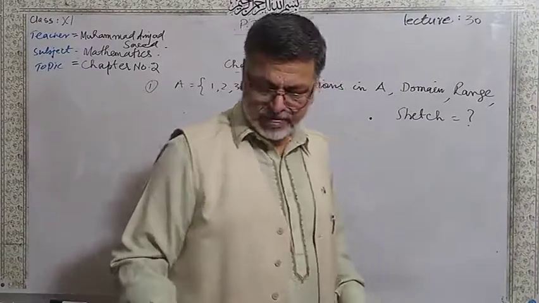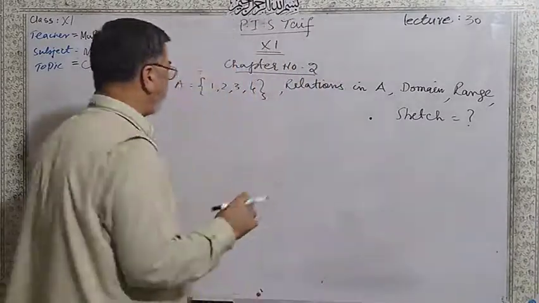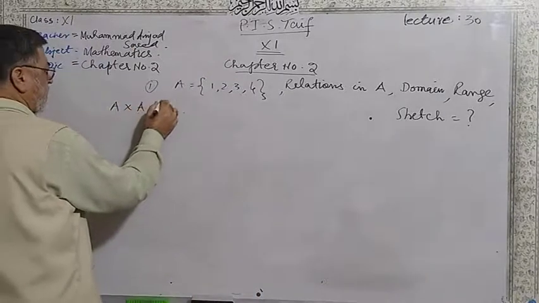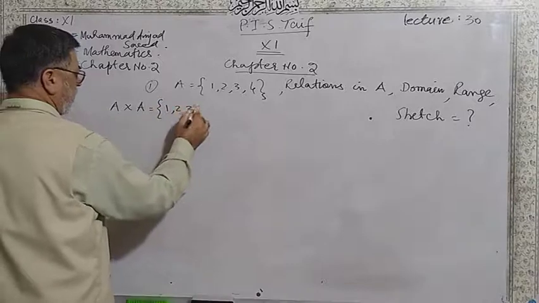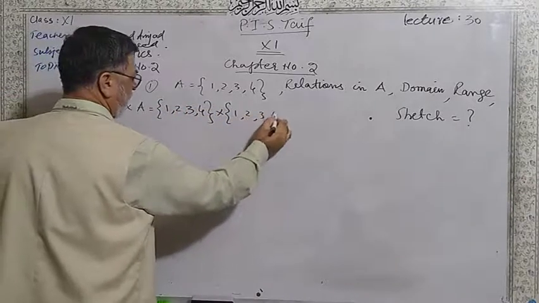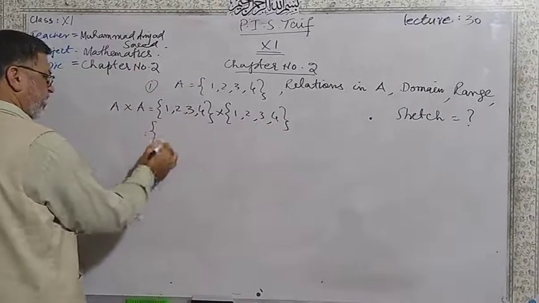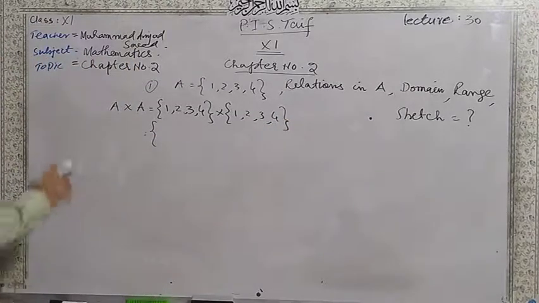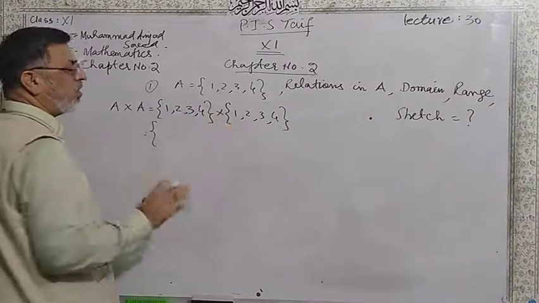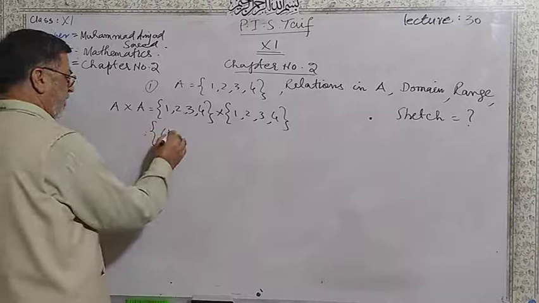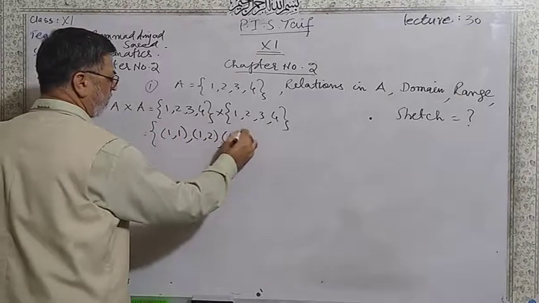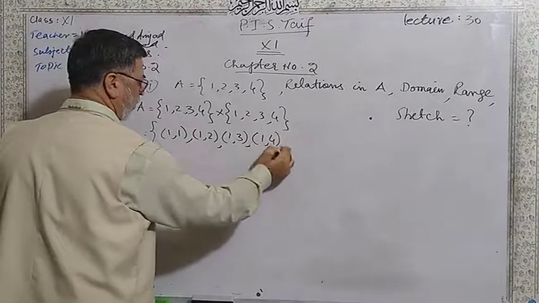First of all, we will find A cross A, Cartesian product: 1, 2, 3, 4 and 1, 2, 3, 4. We take 1 and make the ordered pairs one by one: 1, 1; 1, 2; 1, 3; 1, 4.